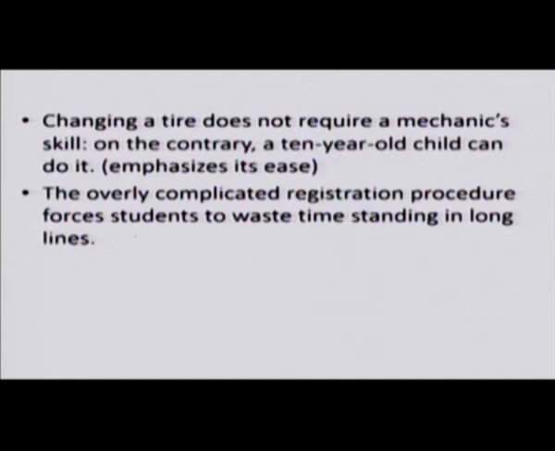If you use this as your thesis statement, you are going to focus on how complicated this registration procedure is. So, by giving clues about the ease or the difficulty of the process in the thesis statement itself, you are preparing your reader to read the rest accordingly.